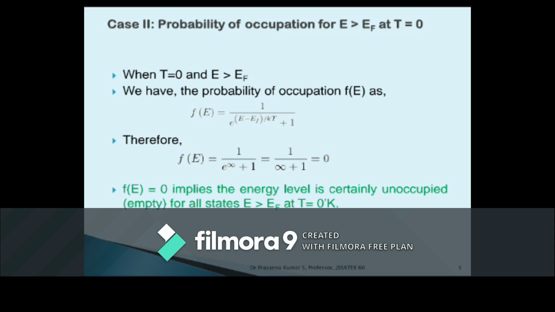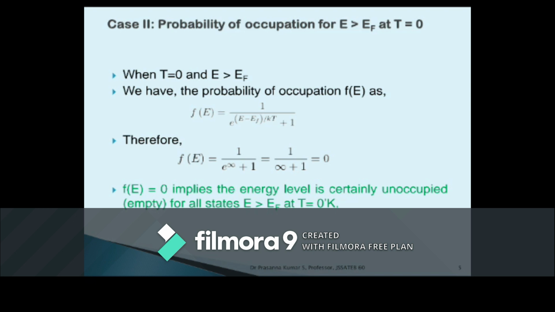That's the meaning. f of E equal to 0 implies that you don't have a particle sitting in the states above EF. So all those levels are empty. You don't see any particle occupying an energy state above EF.